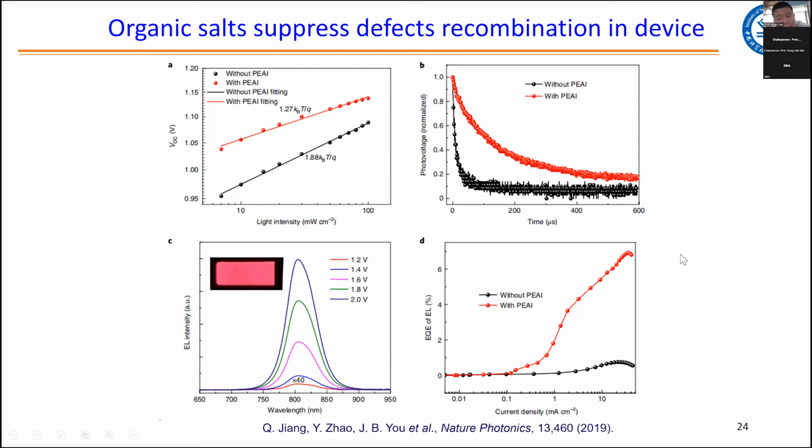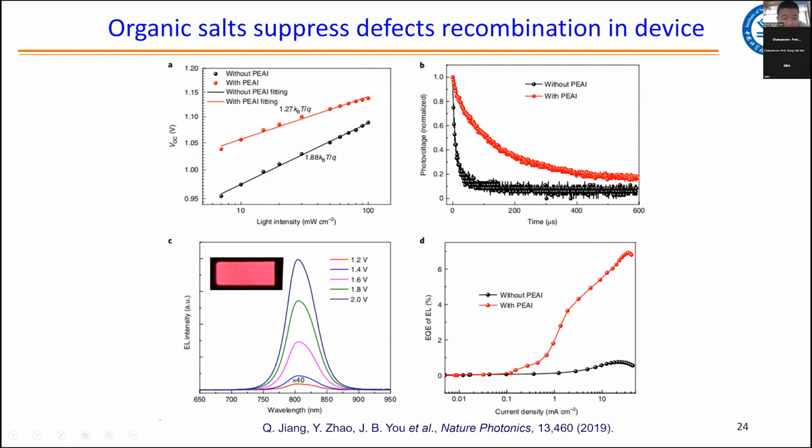Based on this idea and the result, we can confirm that the recombination in the perovskite film has been totally reduced. Also, when this device works as a light emitting diode, the emission is very bright. Why do we look at the light emitting diode information?